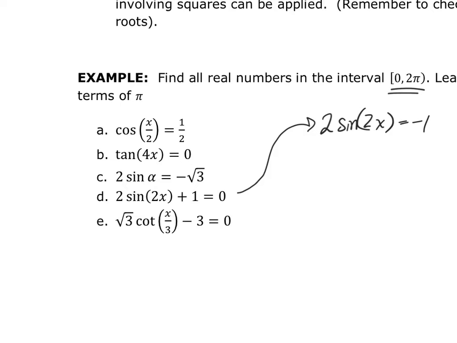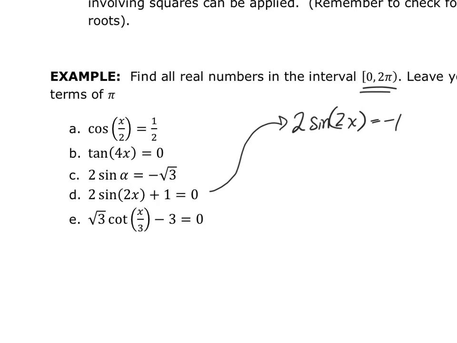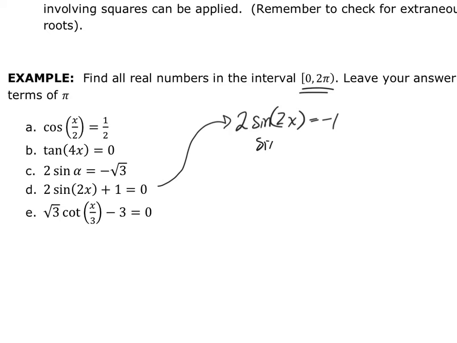Now I'm going to divide both sides by 2, and I end up with sine 2x is equal to -1/2. Now I look on my unit circle, and I find where the sine is equal to -1/2 on the unit circle. I'm ignoring the 2x right now. I just want to know on the unit circle where the sine is equal to -1/2.